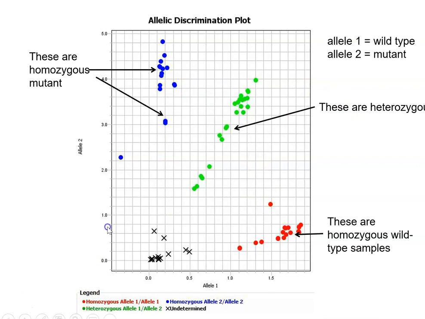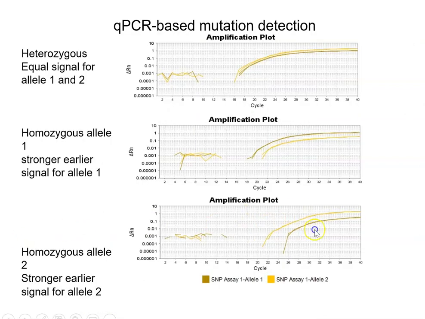Now, the situation where we might use this data here is from one of my master's labs that I run on molecular diagnostics. What we're actually detecting here is a single nucleotide change in cutaneous melanoma for the gene BRAF. The BRAF gene has a very specific mutation. It occurs at a known nucleotide and it changes amino acid 600 from a valine to a glutamic acid.